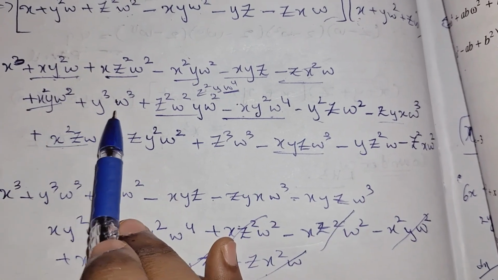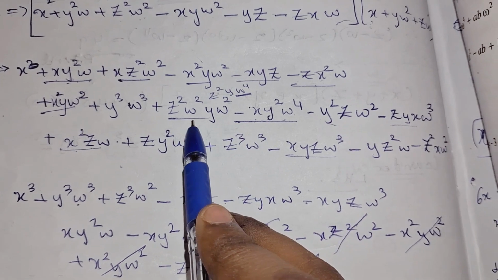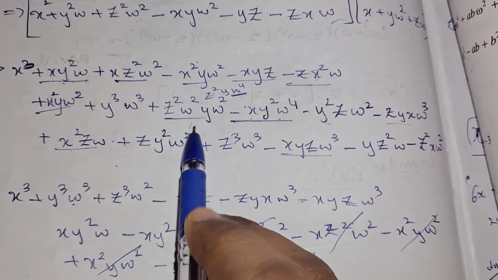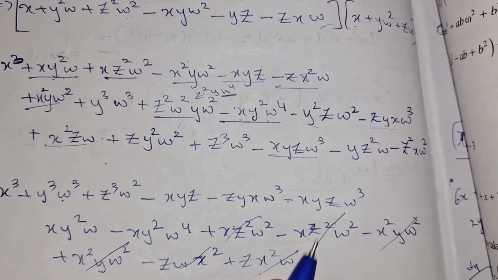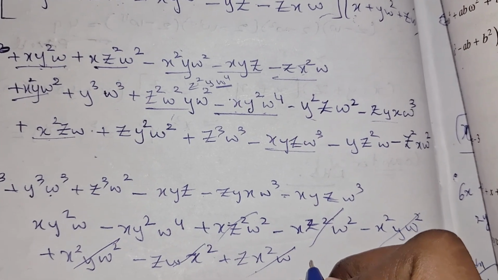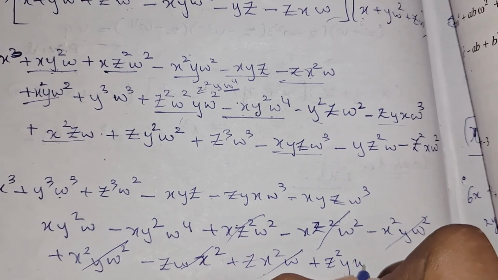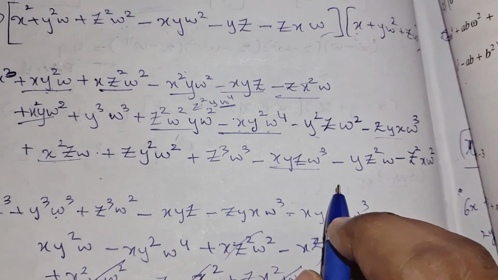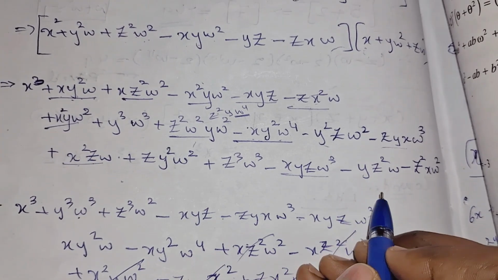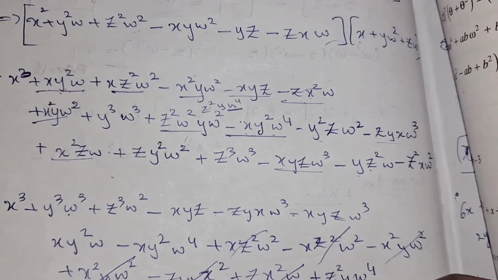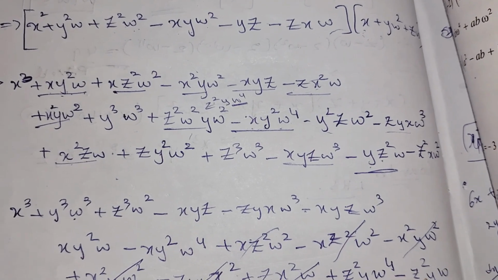Then the next term we are left with, this we have considered first only. Then this we haven't considered yet, that is yz square, so we'll consider that also. We'll get it as plus z square y omega 4 and also minus z square y omega.